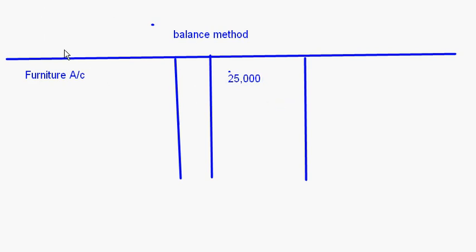Now the same thing if I want to do in the totals method. Now here we have this head of account and ledger folio. This is the debit total and then you have the credit total, right?